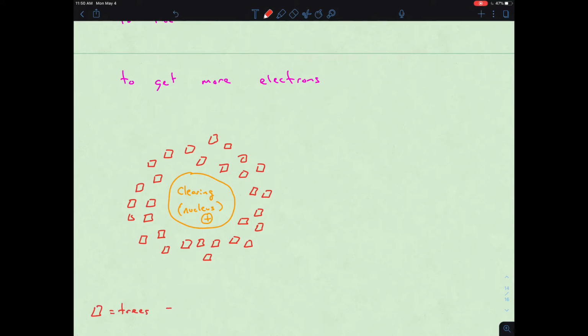And we could call that maybe something a little bit more specific. We call these core trees, or core electrons in terms of the analogy. So these core electrons are hanging out about the nucleus because of that positive-negative Coulombic attraction.